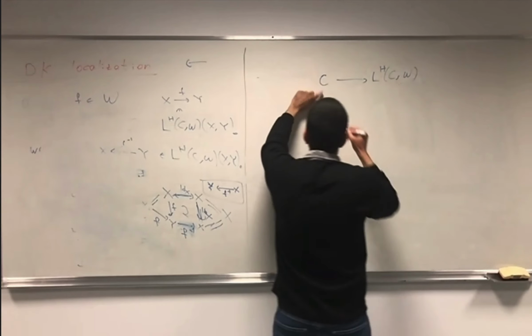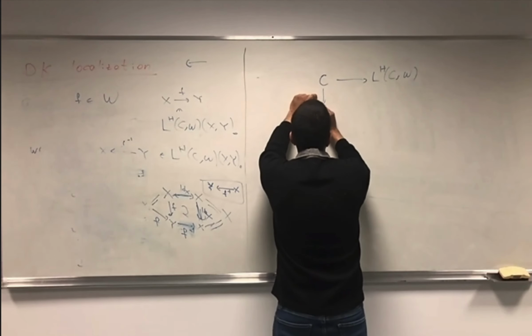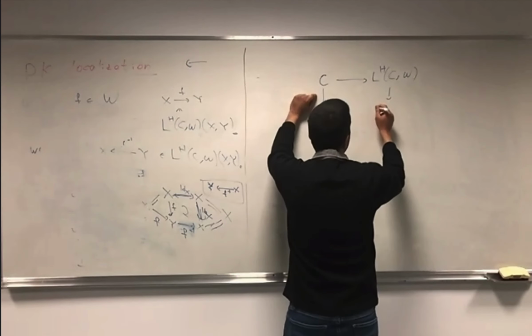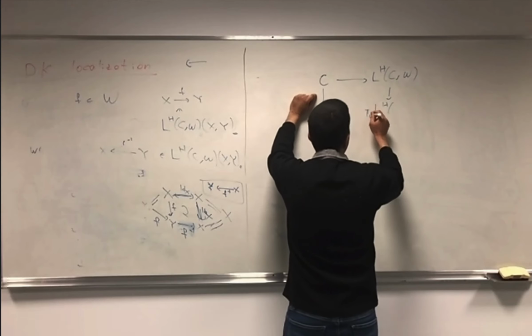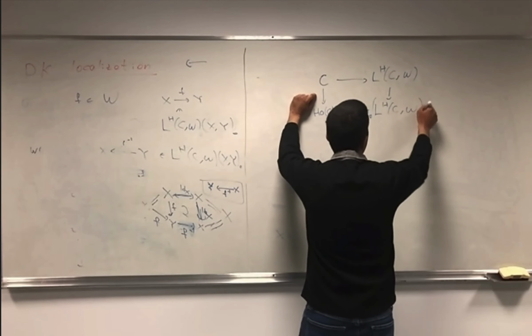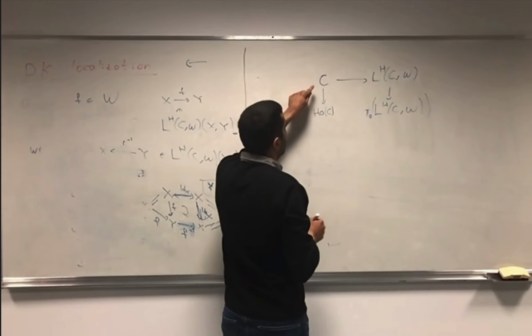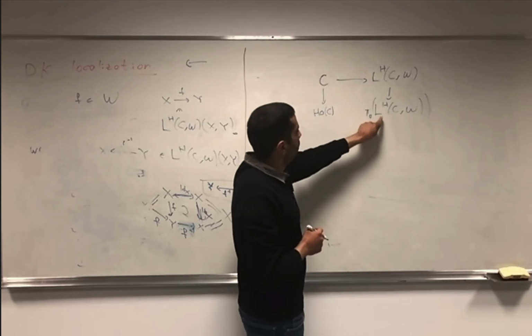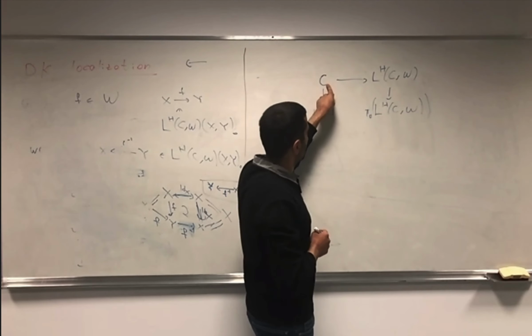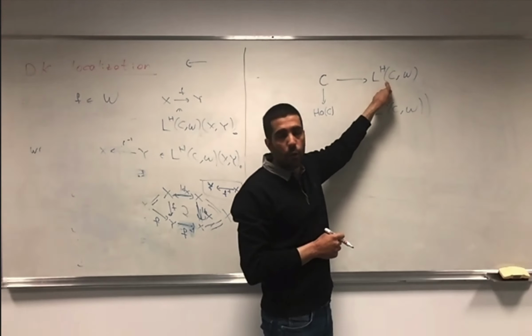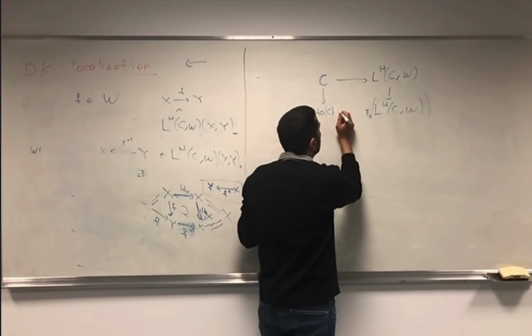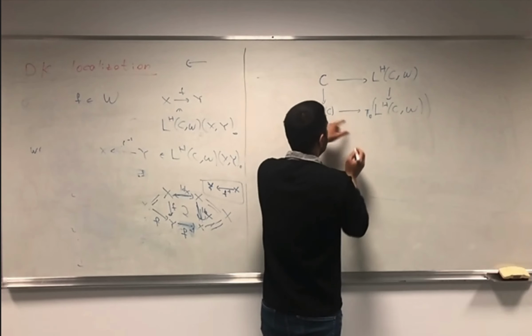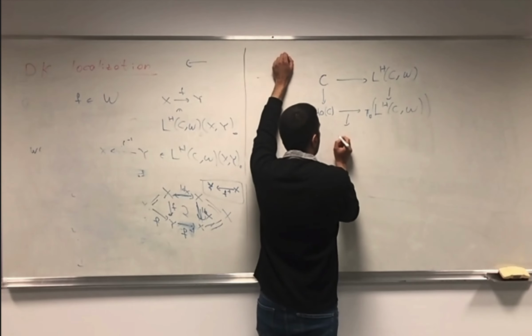If we move to pi 0 of this, we know now that everything here goes to invertible, right? Because we showed that everything here goes to an equivalence. So we have a unique map from here to here, but actually this unique map will be an equivalence of categories.